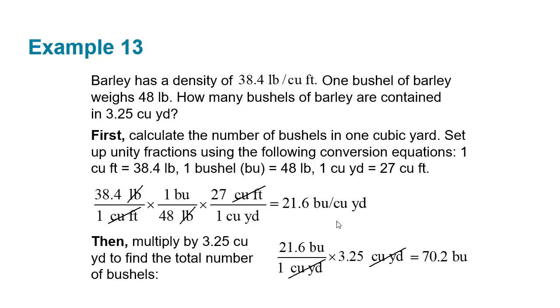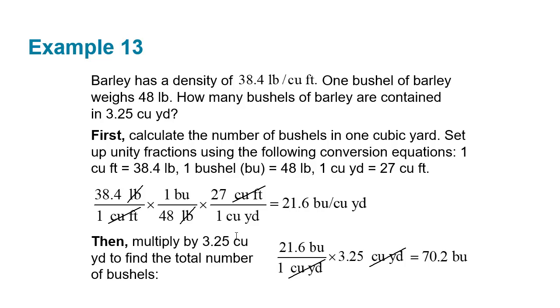So whether you want to do 3 over 1 times 3 over 1 times 3 over 1, or if you want to memorize all these extra things, it's up to you. But in any case, like all fractions, multiply across the top, multiply across the bottom, divide that, right? So take the top thing and divide by all the bottom things. After we've canceled everything out, which you can see we now have bushel over cubic yards, we get 21.6.